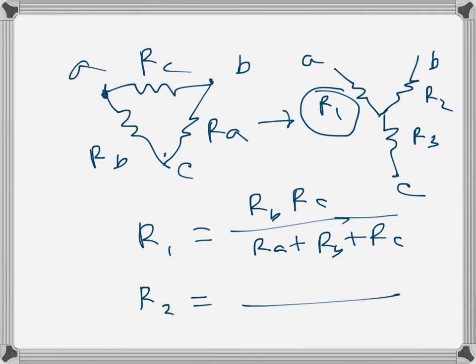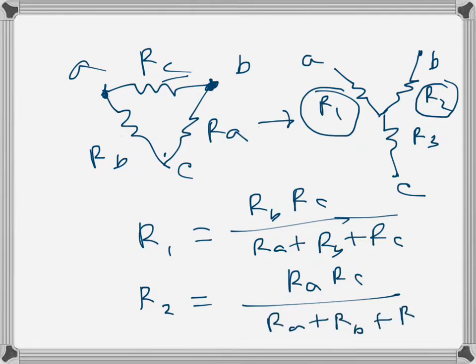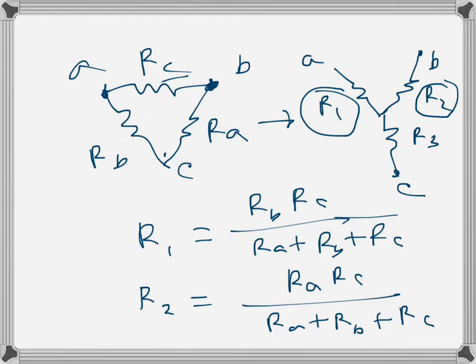So R2 is the resistance in Y which is connected to node B. What two resistances are connected to node B here? RC and RA. So that will be RA times RC, and the denominator will be the same. And R3 is the resistance connected to node 3 in Y connection.